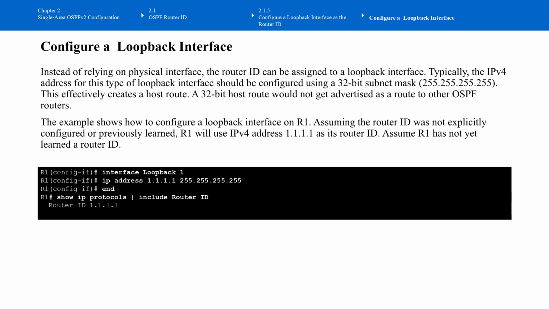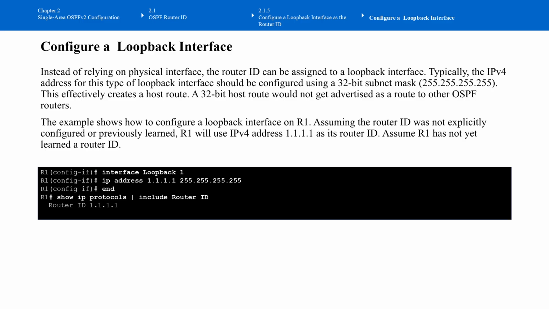After that, enter the address with the subnet mask. So the command is IP address 1.1.1.1 and 255.255.255.255. So R1 will use IPv4 address 1.1.1.1 as the router ID.